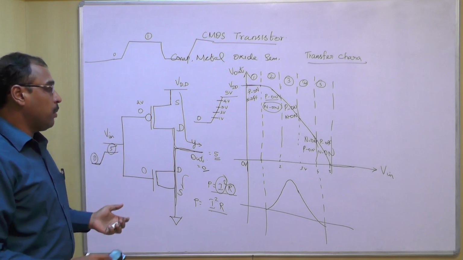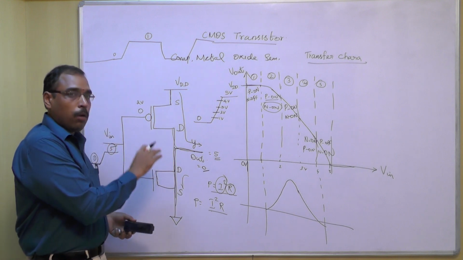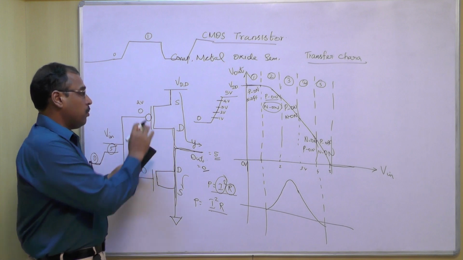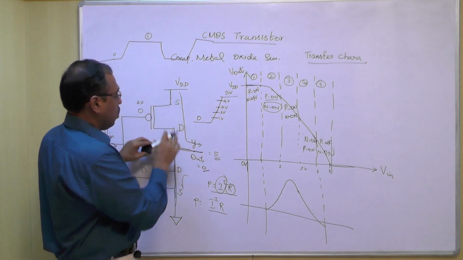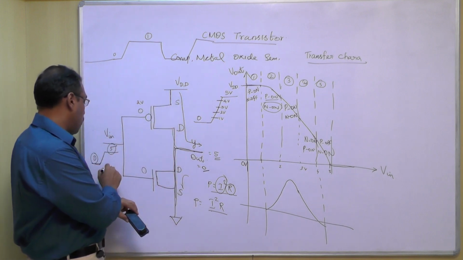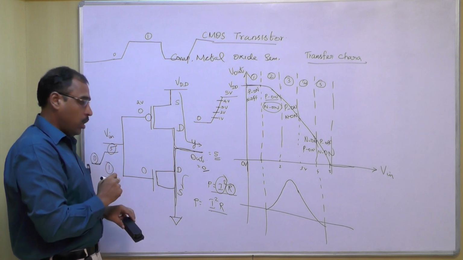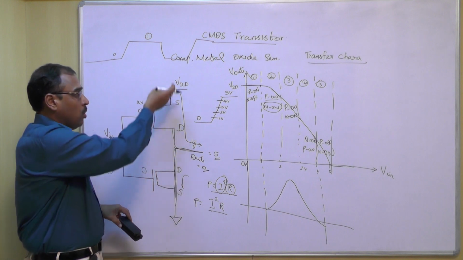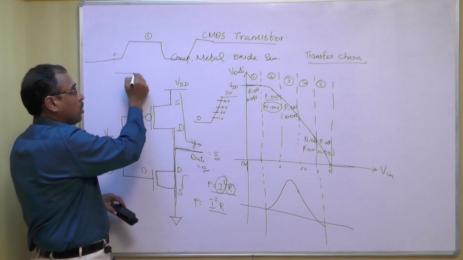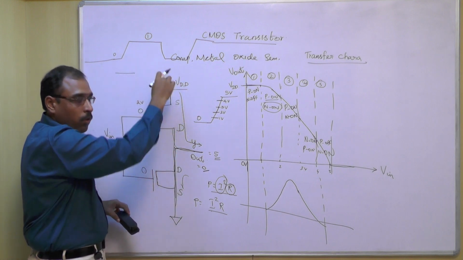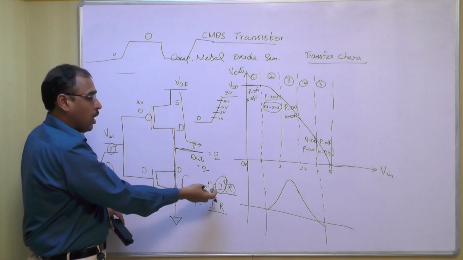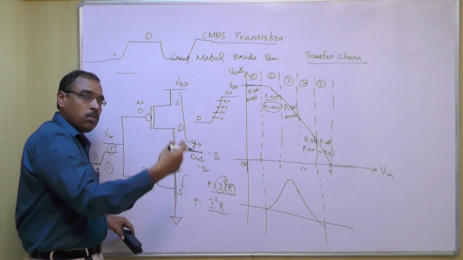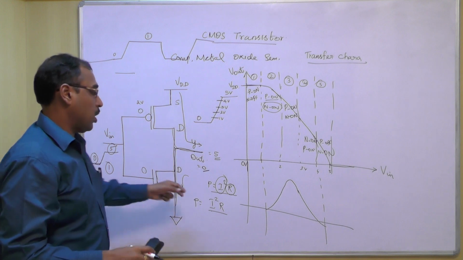How it is minimum: suppose we look at an NMOS-only design, where PMOS is not there and there is also an NMOS load. When we apply logic 1 on the input side, both transistors will be on. So for the entire duration of logic 1, the current will flow from VDD to ground. So that I squared into R is always high.